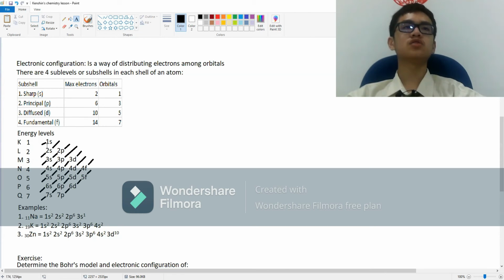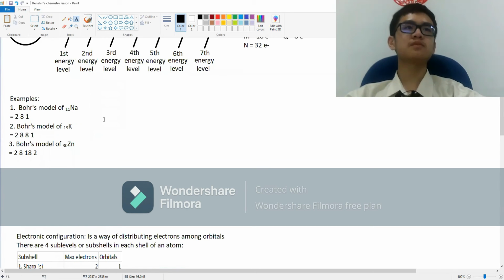From 1s, you draw a line, then you continue up here to 2s, you draw another line, goes back up here to 2p, to 3s, again to 3p, to 4s, to 3d, 4p, 5s, back up again, 4d, 5p, 6s, back up again, 4f, 5d, 6p, 7s, and back up again to 5f, 6d, and 7p.